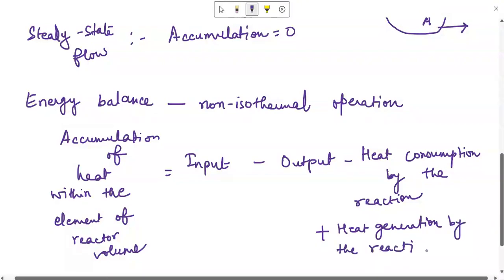So depending on whether your system is exothermic or endothermic, these last two terms will vary on your right hand side.